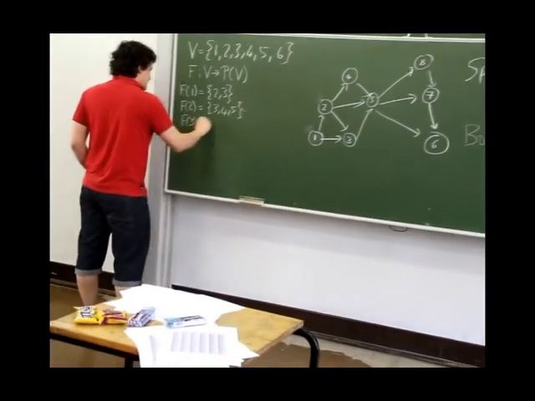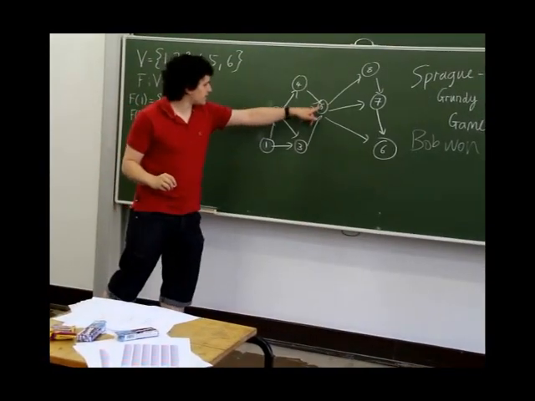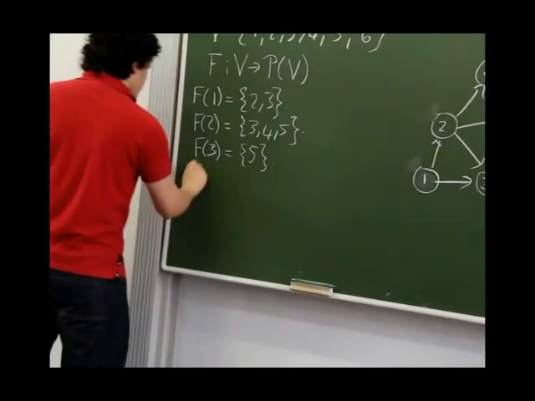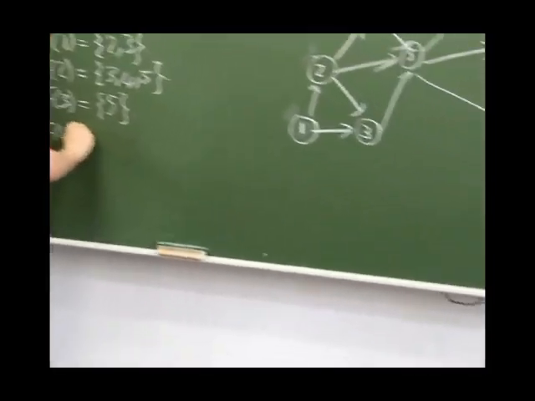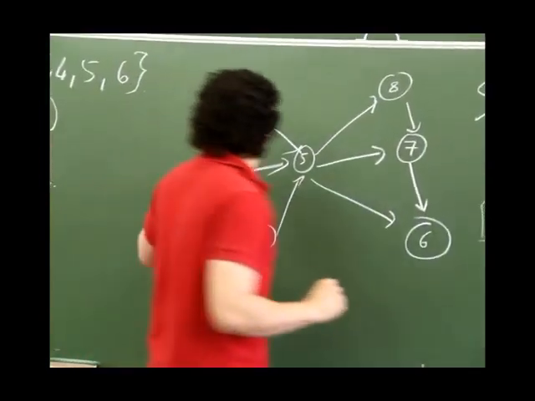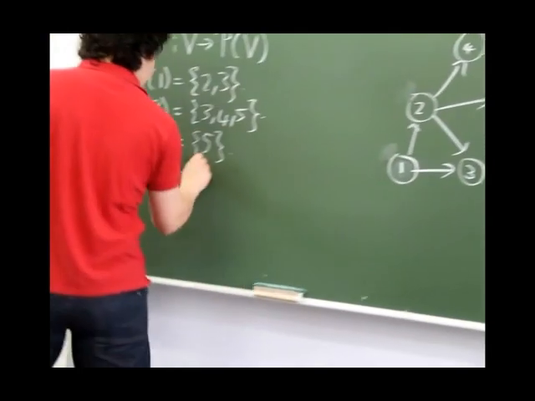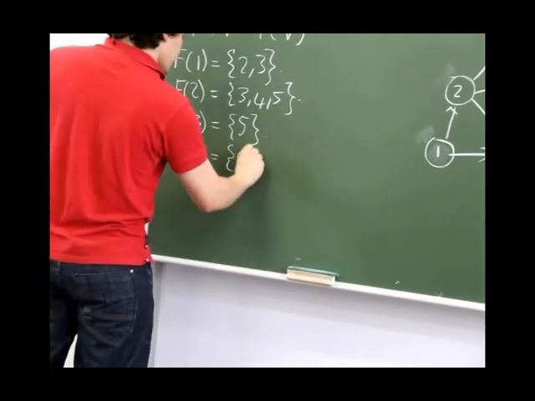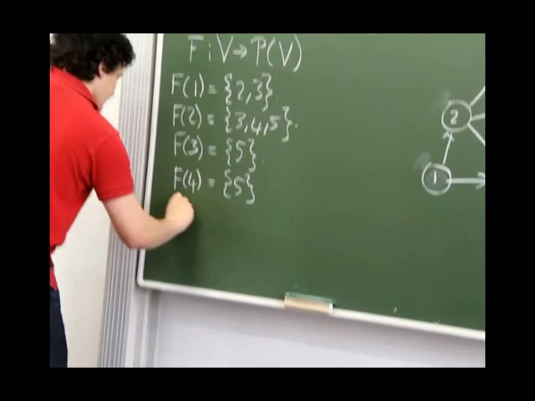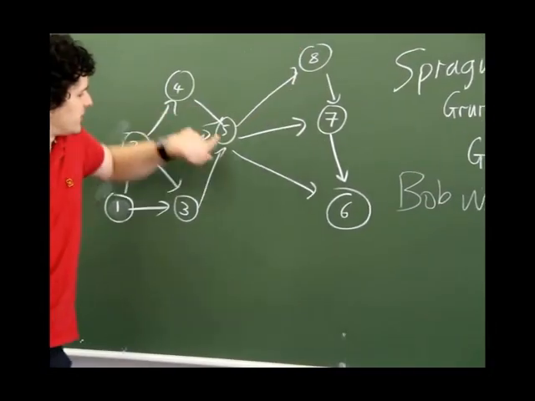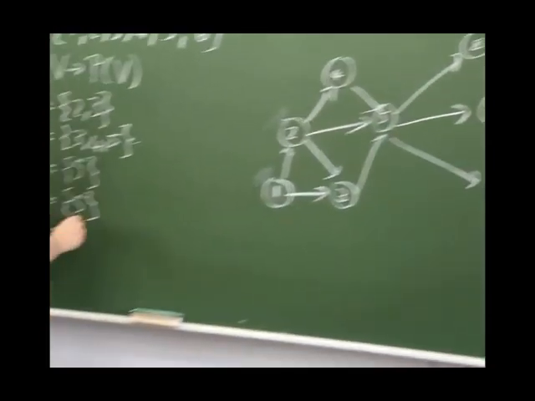F of 3, that's the neighbors of 3, in this case just 5. F of 4, that's 5. F of 5, that's 6, 7, and 8.